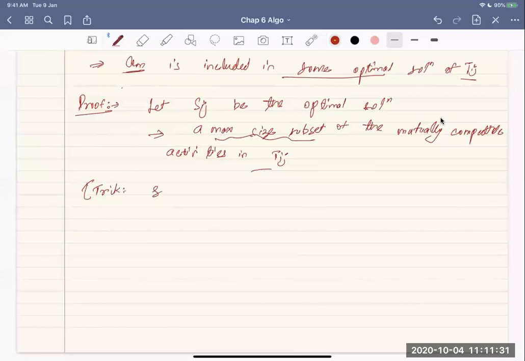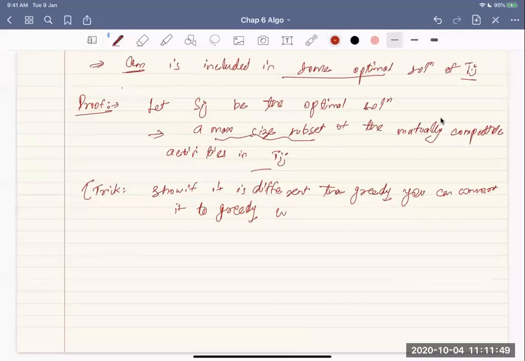So show if it is different than greedy, you can convert it to greedy while remaining optimal. Okay, so let's try to do the proof.